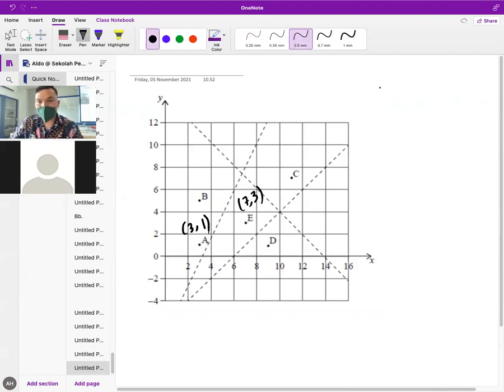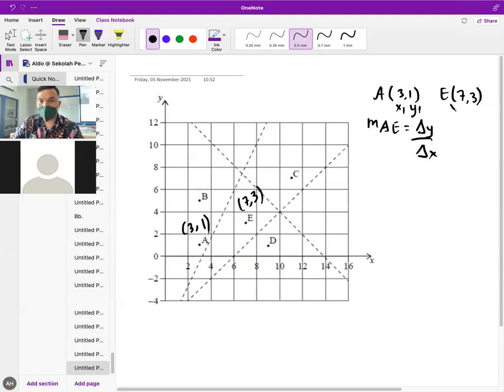Therefore, if A is equal to 3,1 and E is equal to 7,3, then the gradient of AE is equal to delta Y over delta X. I assume this one as X1, Y1 and this is X2, Y2. So it is equal to Y2 minus Y1 over X2 minus X1.